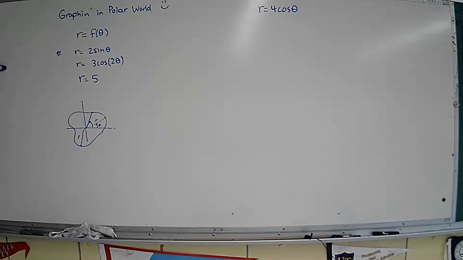Now, I will tell you that we don't shift graphs in polar like we do in Cartesian. If you think about this, we just talked about r equals 5. If I were to graph r equals 5 along with this, what happened?